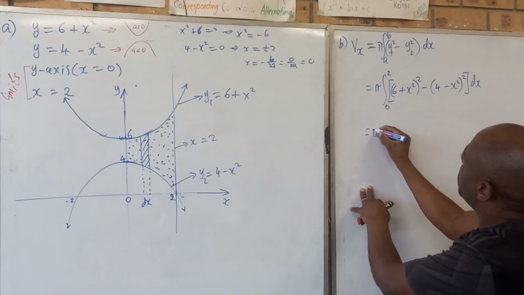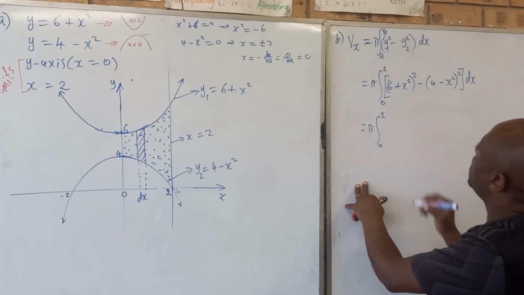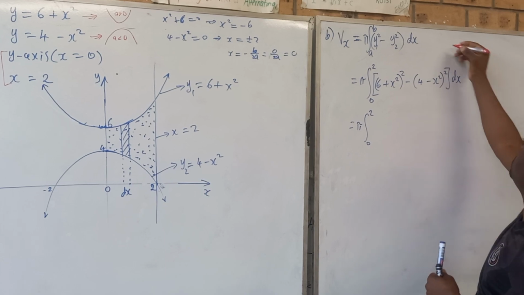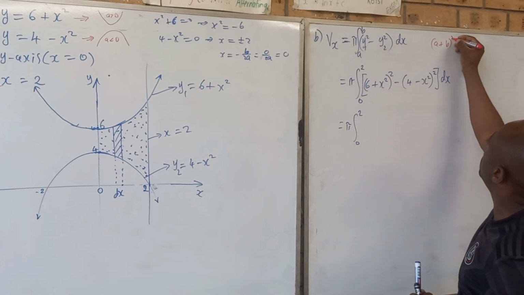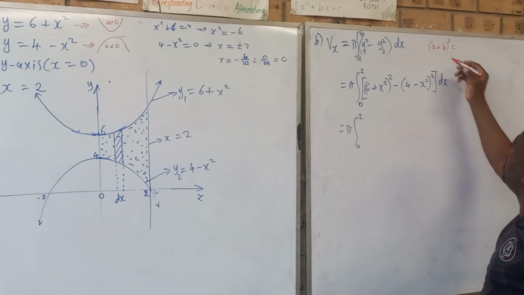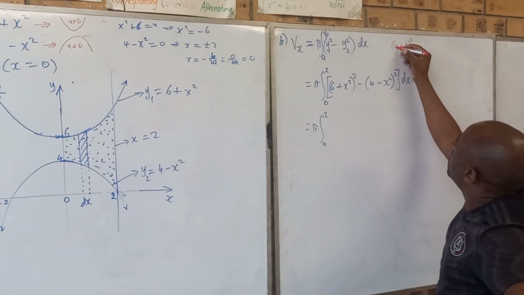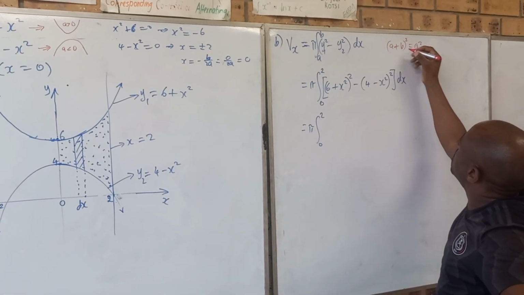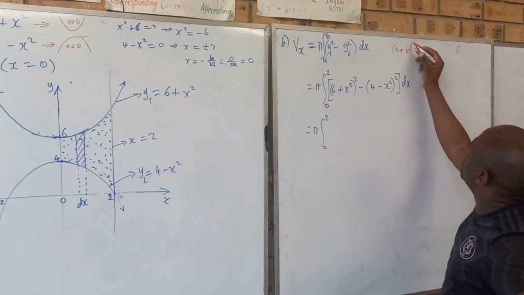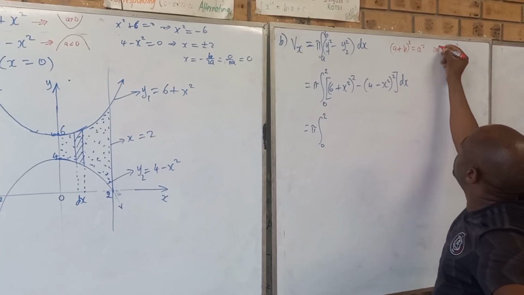Then from here, you can start opening your bracket. For my students, I always remind you that this is an expansion you must know by heart. If I'm expanding this, I don't have time to do the FOIL method. I simply take a squared, you take b squared, and in the middle you take 2 times a times b, that gives you 2ab.